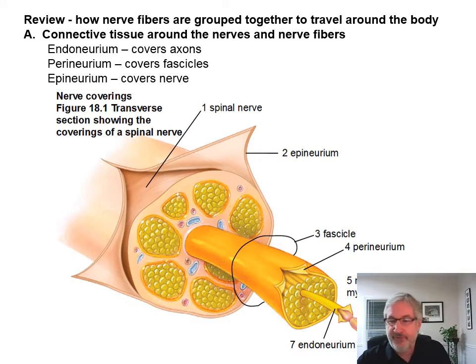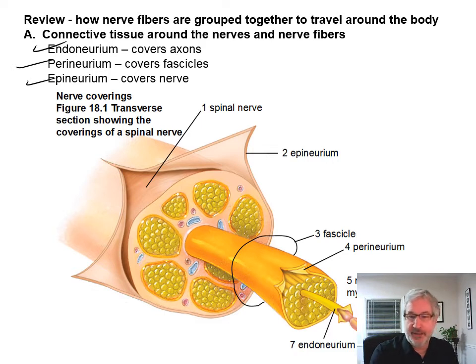I'm going to talk first about the coverings, just a reminder. We talked about this in the intro to the nervous system. So we have endoneurium, perineurium, and epineurium. Here's the endoneurium down here at the bottom. The endoneurium wraps around the axon.